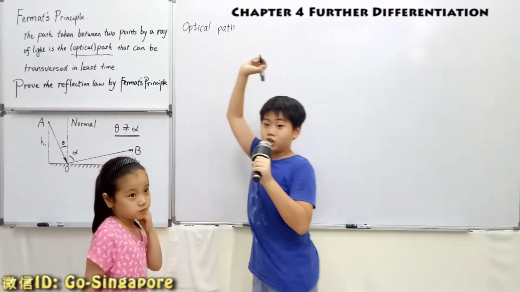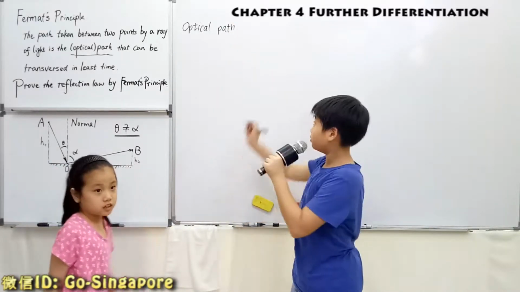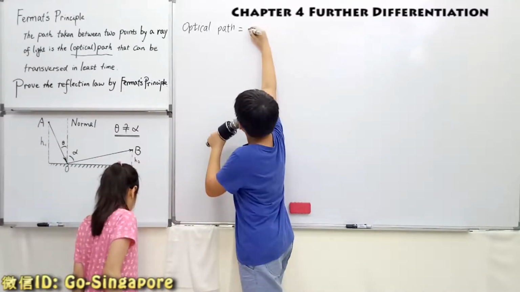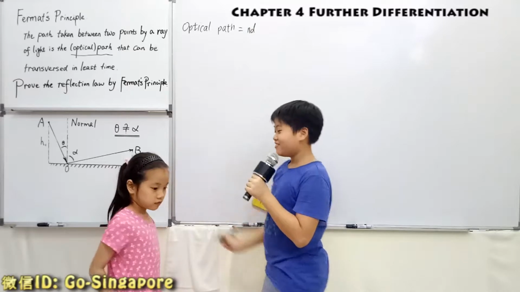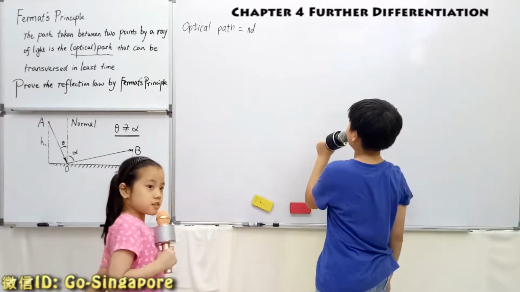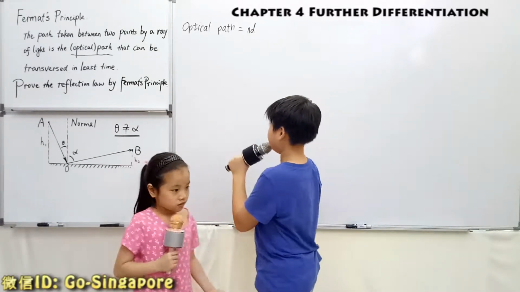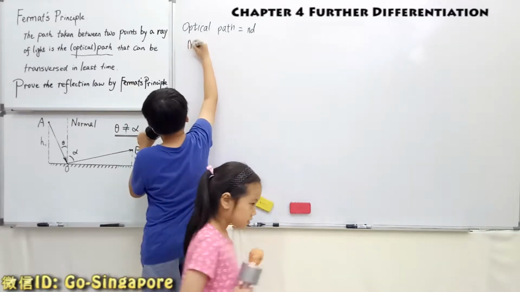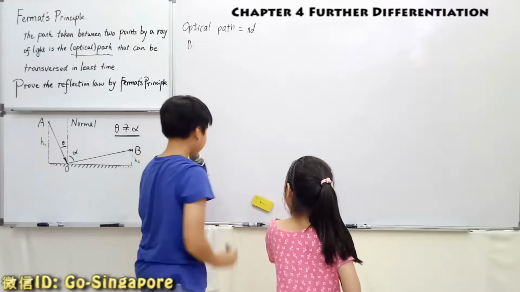This optical path is actually nD, right? It's actually n times the d. So what is n?